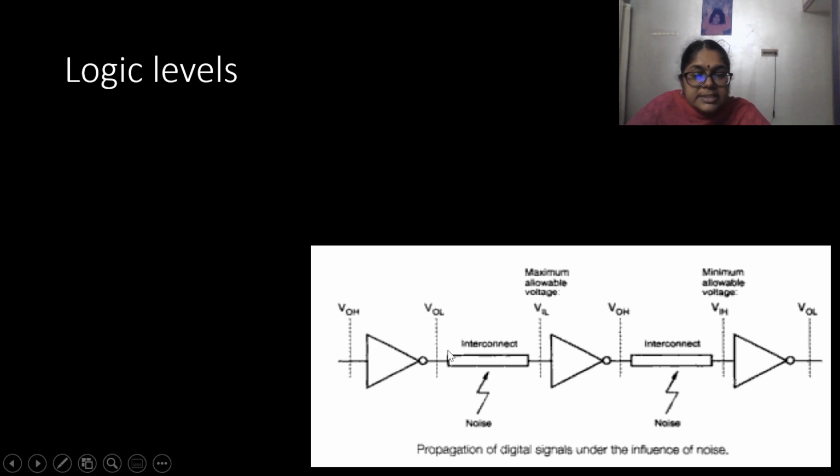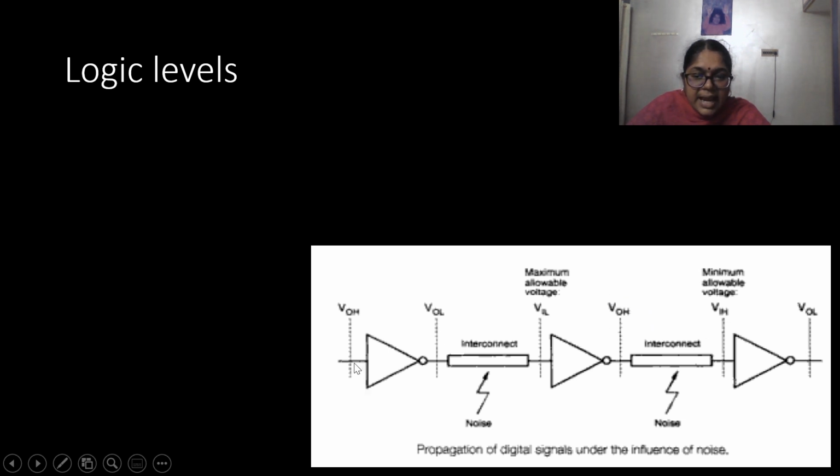Because this interconnect is a wire connecting the output of the first gate to the input of the second gate, noise would be added to the signal which is being transmitted. Because of that, the voltage VOL has now become VIL. And this VIL, when given as input to this gate, should give me VOH.